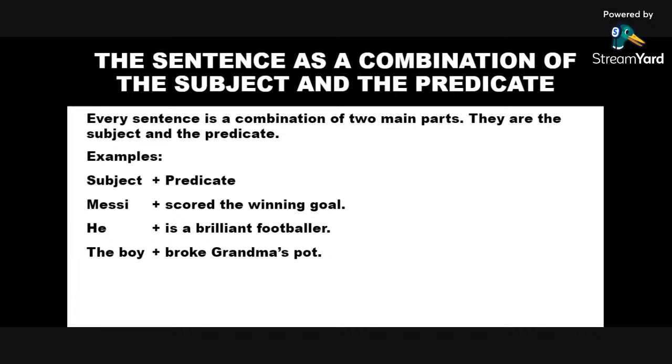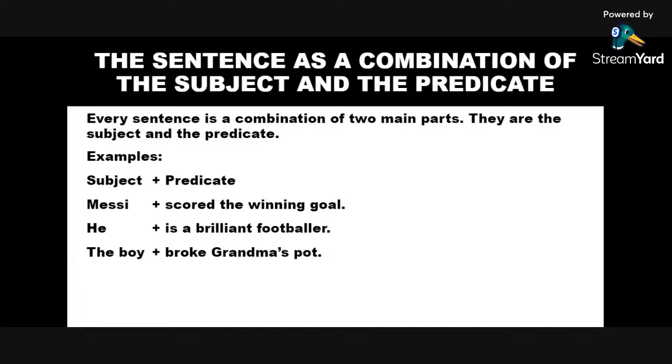And of course, the predicate tells us what the subject does, or is. I mean, what the subject does or who the subject is. That's what the predicate does, okay?